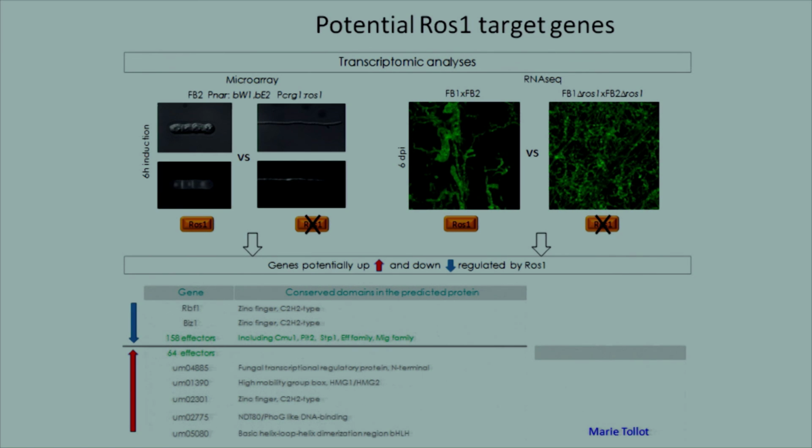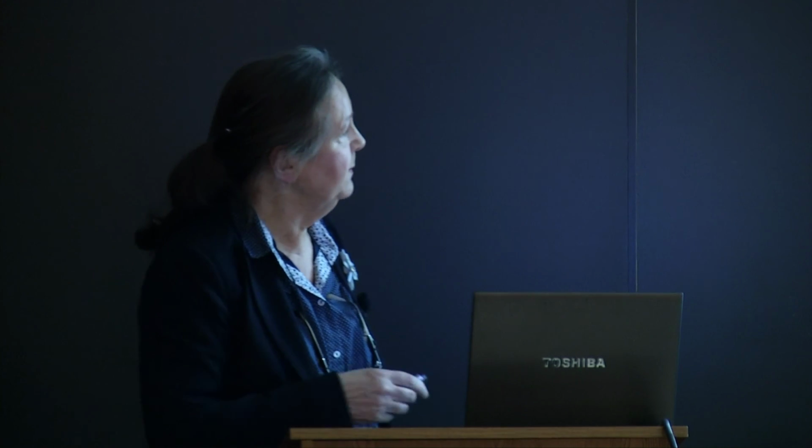And this was really amazing, because it turns out that ROS1 is a regulator, and it's actually down-regulating more than 150 of the effector genes. And it's not only that it's down-regulating these, at the same time, there's another group of more than 60 effectors which are specifically upregulated.